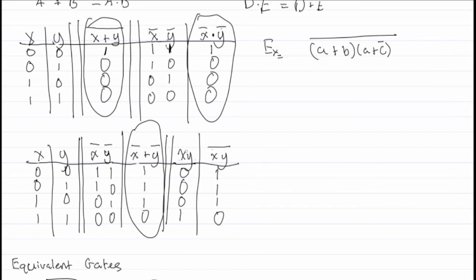And then right here x and y ANDed together gets you these values, and then when you invert that you get these values. So right here you can see for both of these the left hand side is equivalent to the right hand side, so this DeMorgan's law works.